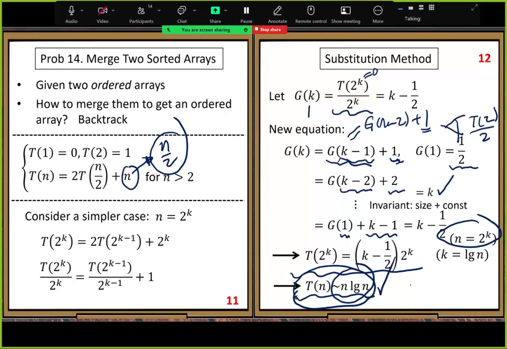In that way, you will get 1/2 n log n. You just get a coefficient 1/2. So the best case, worst case, all in this category, big theta of n log n, right?